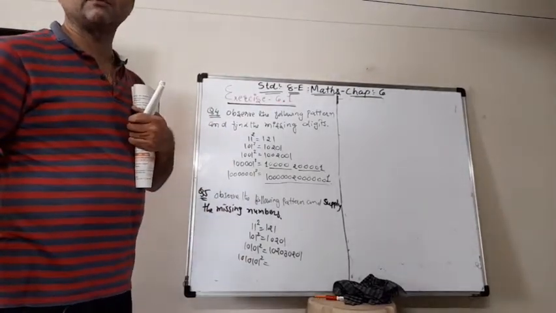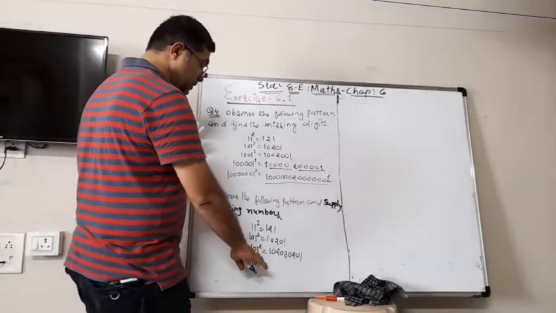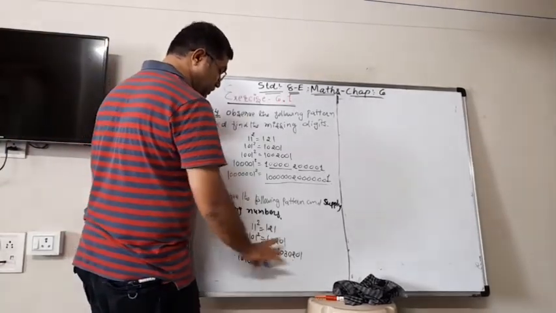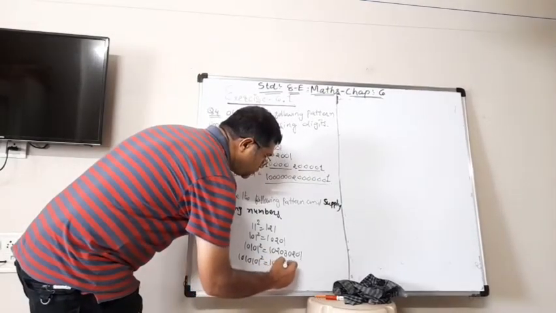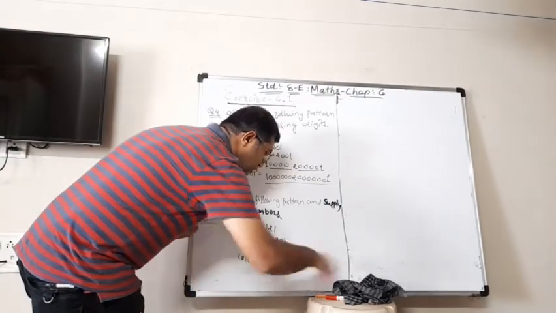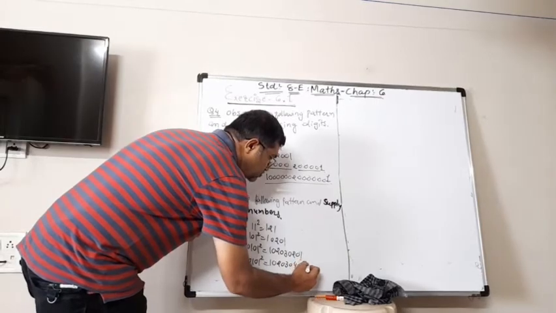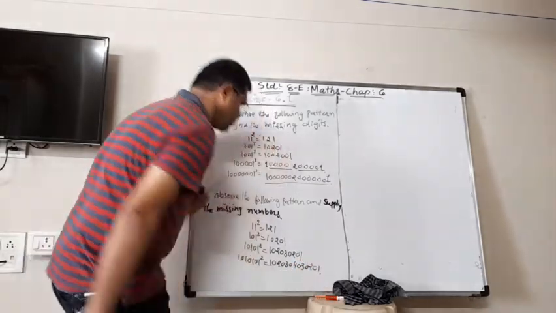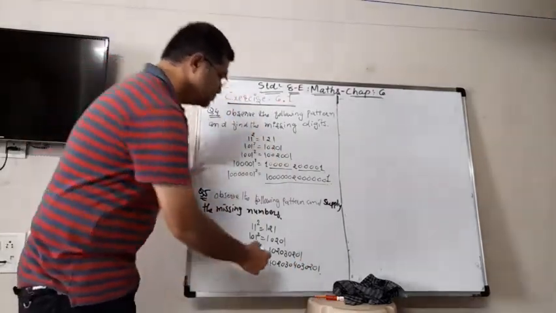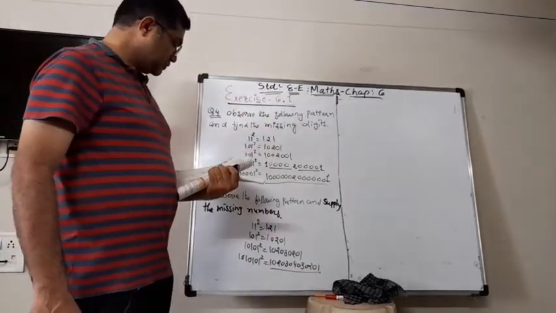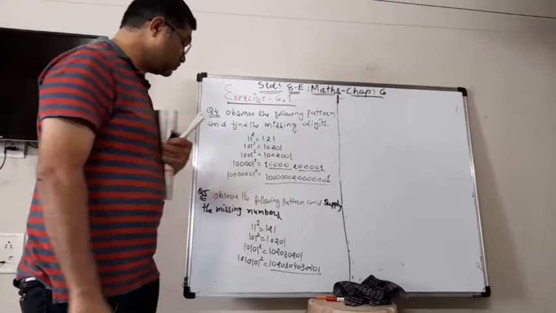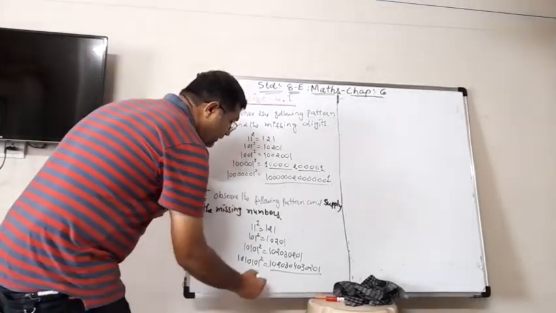How many numbers should we go? We have 2 zeros up to 3, then 3 zeros, so we have to go up to 4. It means 1 0 2 0 3 0 4, then reverse, 0 3 0 2 0 1. That is the answer.